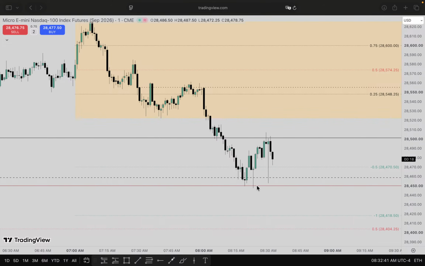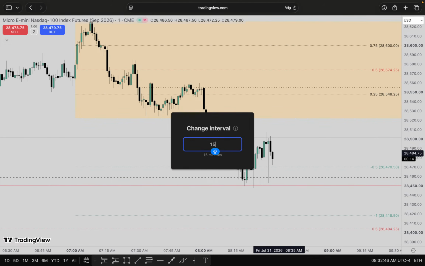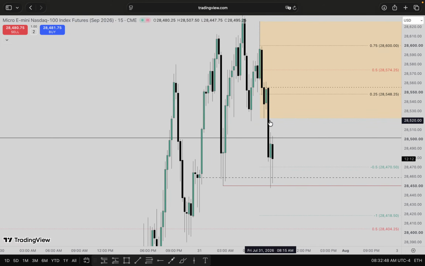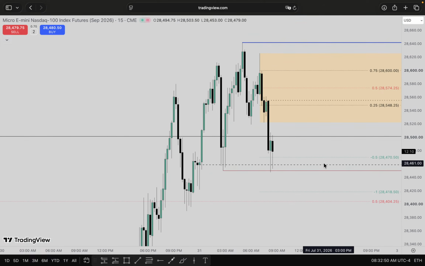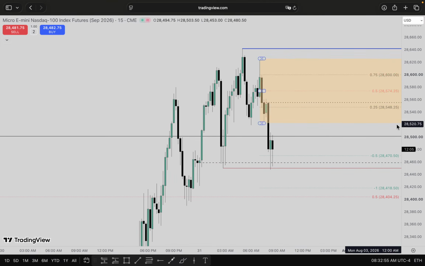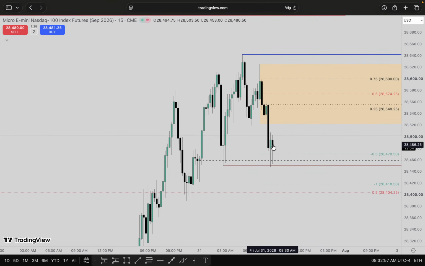So we took out the low, but then we have a 15-minute gap right here. So if we're not going to trade into that, then more than likely we're going to try to run for these lows.